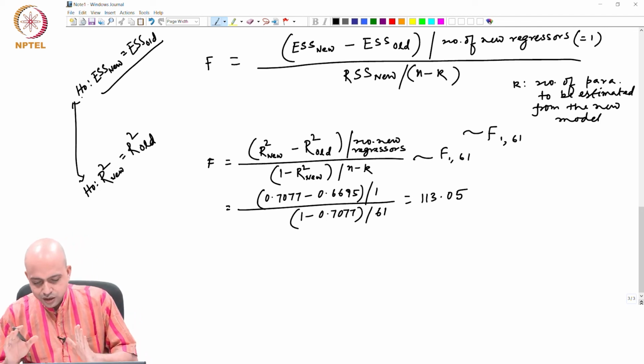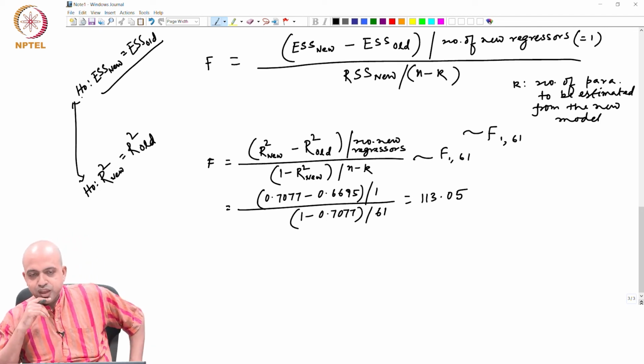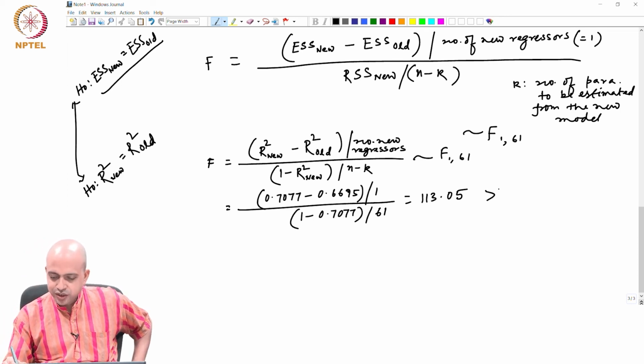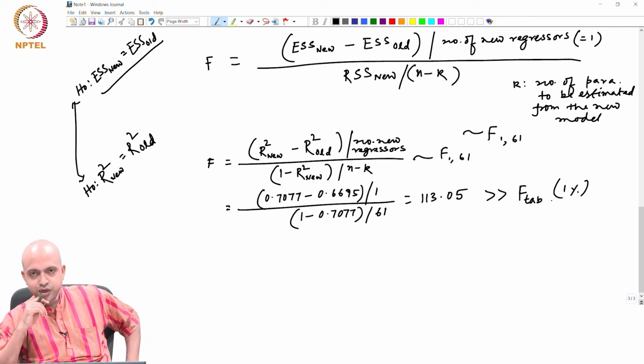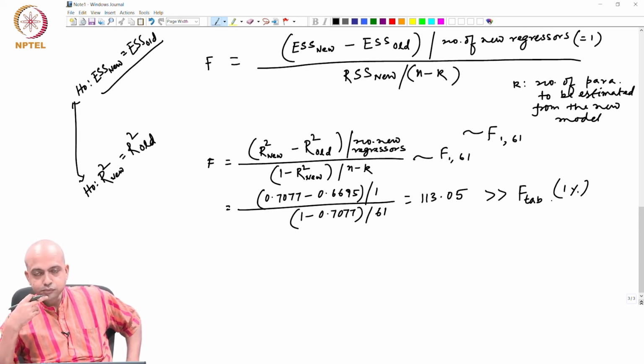Since the value is higher, 113, you can say that it is significantly greater than the F tabulated even at the 1% level of significance. So, this way we can test the marginal contribution of a variable.